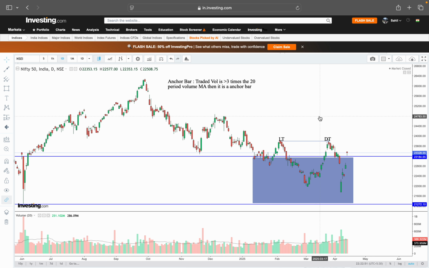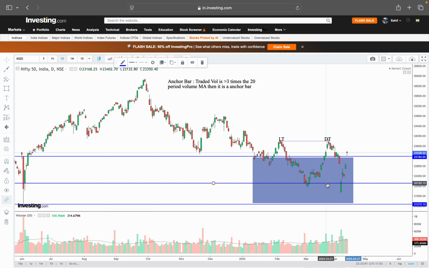Or you will create a system. For example, you will choose the midpoint of the range. So if the range is of say 2000 points, you will choose the midpoint of the range and just have an entry there. I mean, that is your system. So I will just maybe select this in the pink color to showcase where this is falling. So then your entry would be triggered exactly at the midpoint of the range, if that is your trading system.